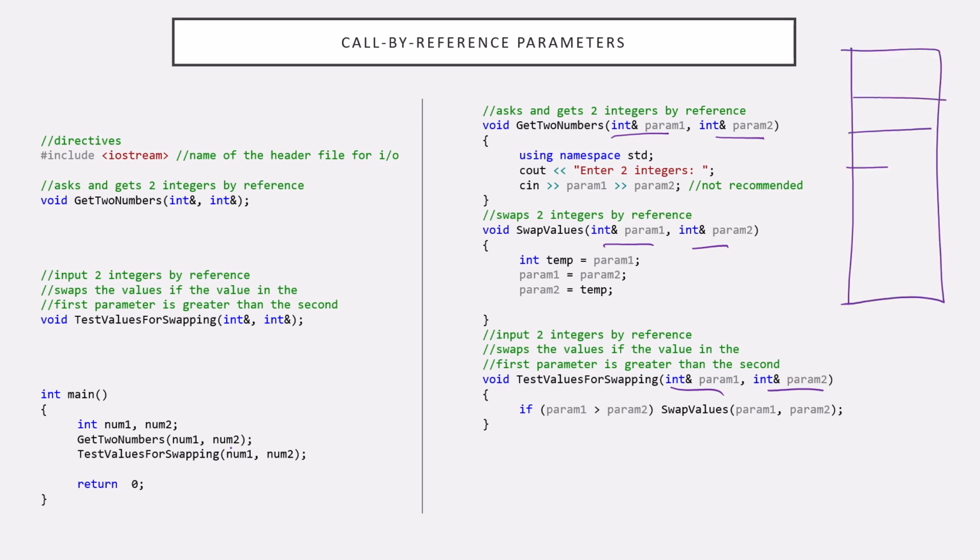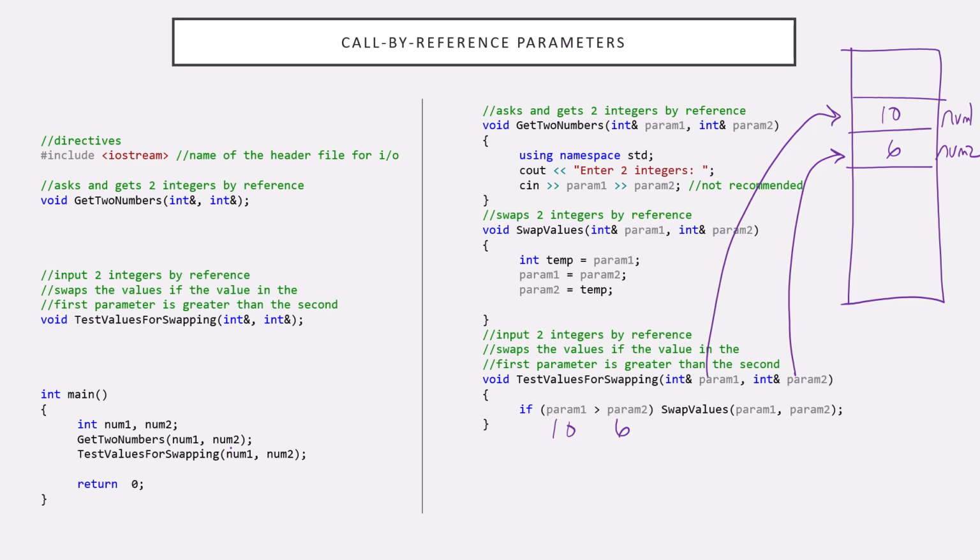So we have num1 and we have num2, and when this function gets called, param1 is going to point there and param2 is going to point there. So if you get the numbers 10 and 6, then when you call this function, this is param1, this is param2, 10 is greater than 6. So you're going to call this function.